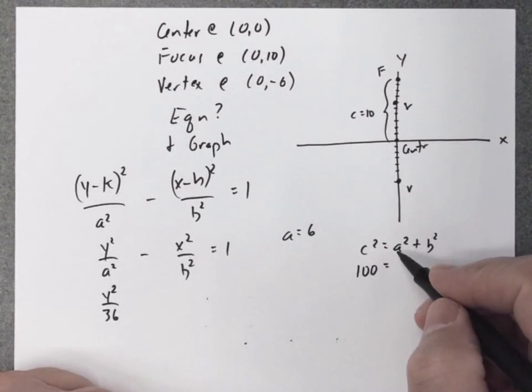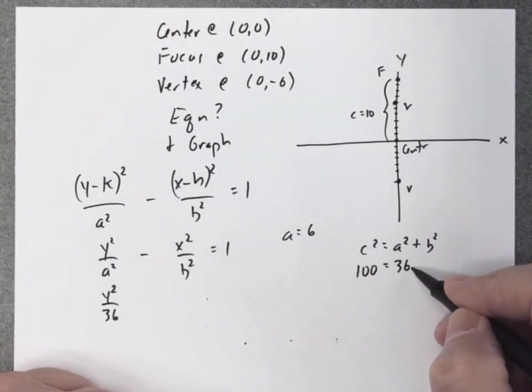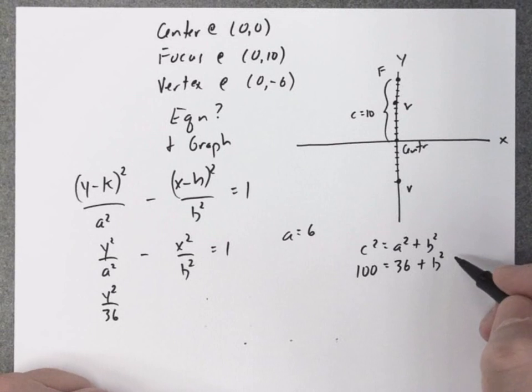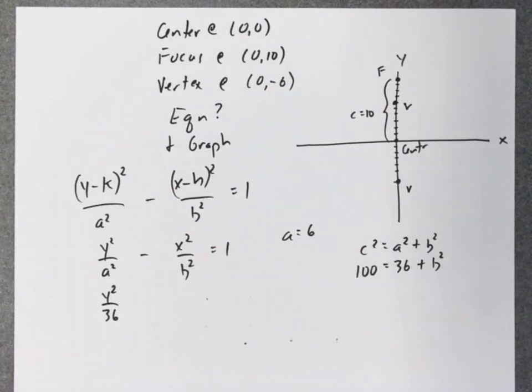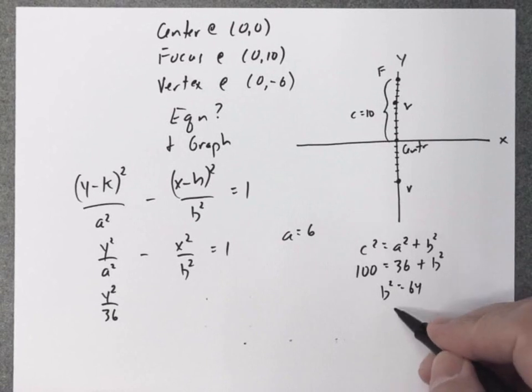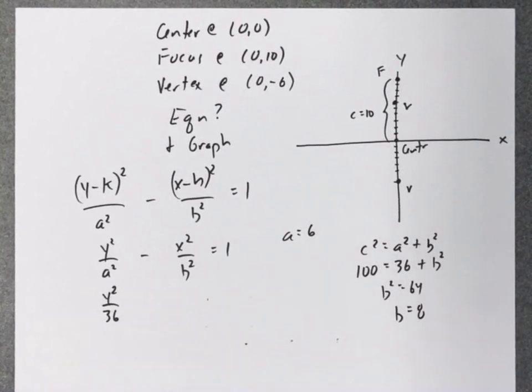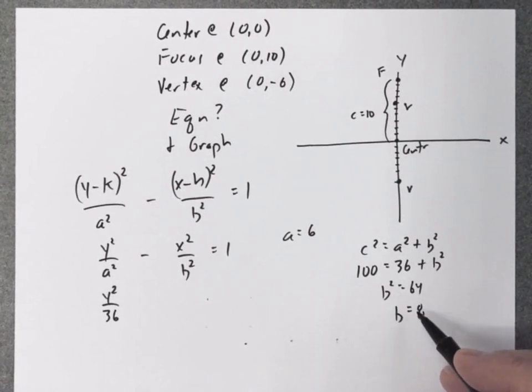If I know that a squared is 36, so if you subtract 36 from both sides, you have b squared equals 64. Then you're going to have b equals 8. Although really all I need is b squared.